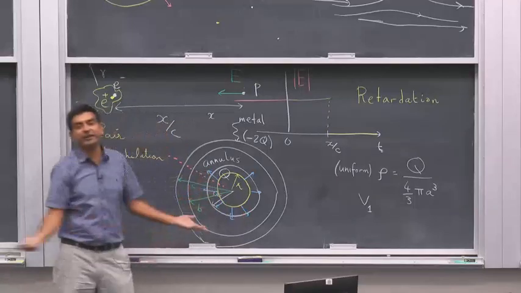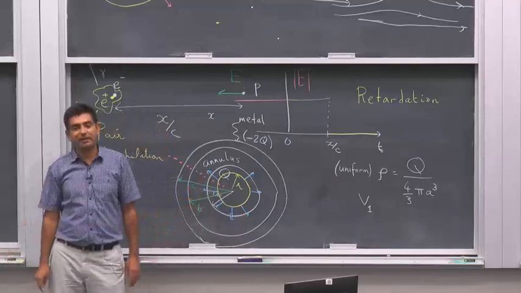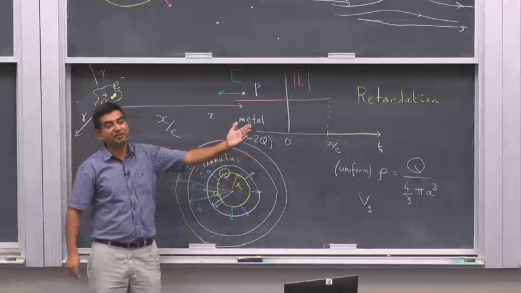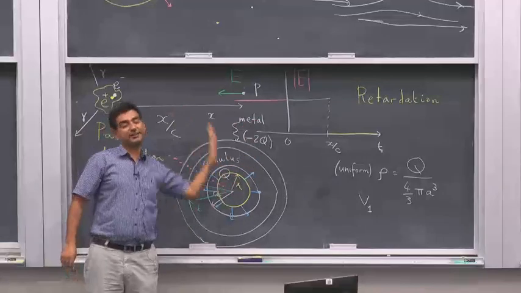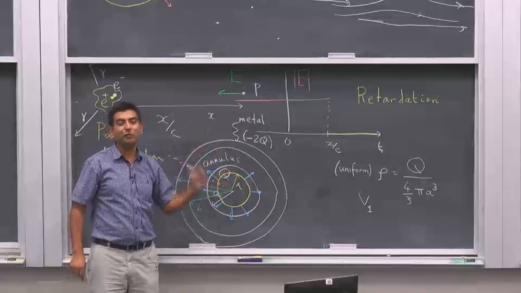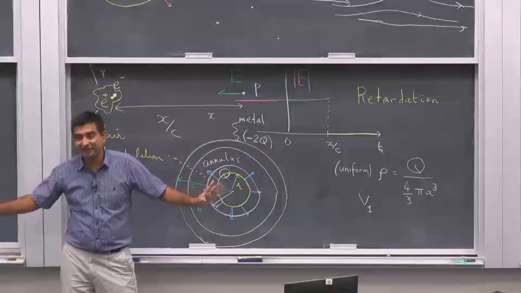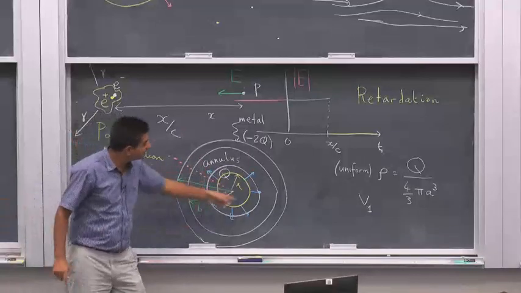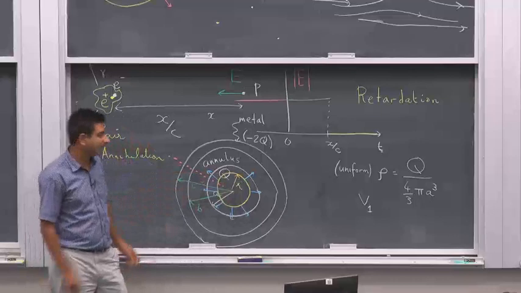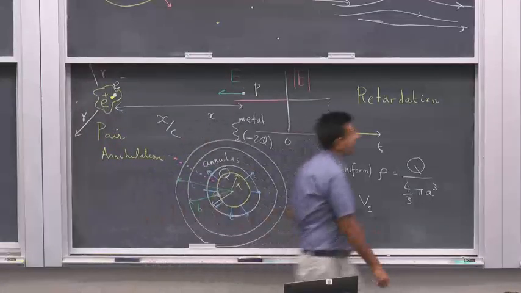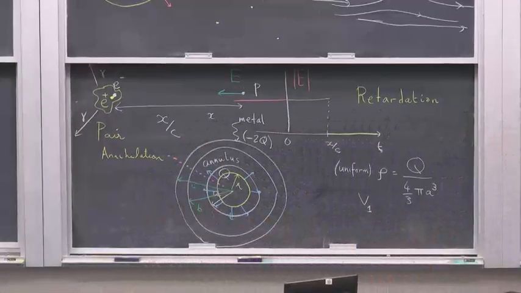It cannot point in any other direction because any tangential direction is the same as any other tangential direction. So only the radial direction is unique. Okay? So on the surface of this Gaussian sphere that I've drawn, I can apply Gauss's law to determine the electric field.